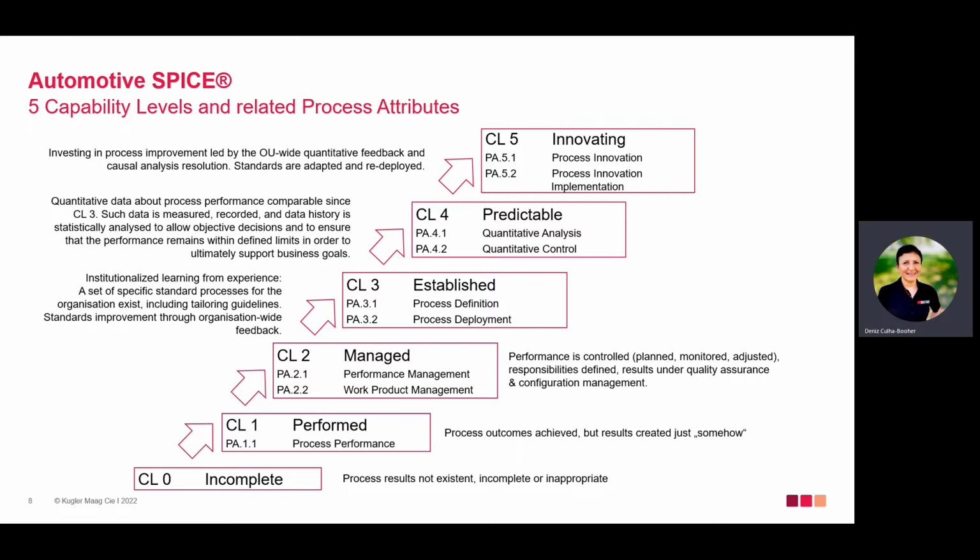And capability level 5 is going to enable us, now that we have all these improvements that can be done based on concrete data, to innovate and come up with different ways of performing our work so that it can be more efficient and of better quality. So that's in general what I wanted to say regarding Automotive SPICE.